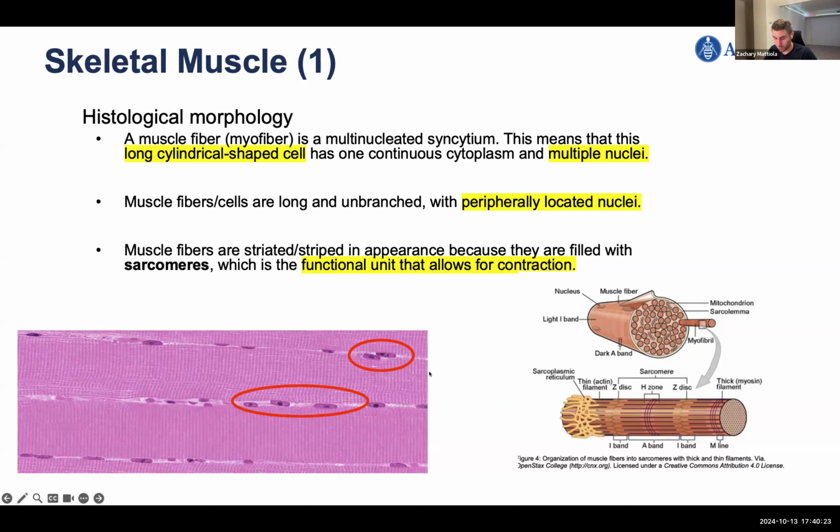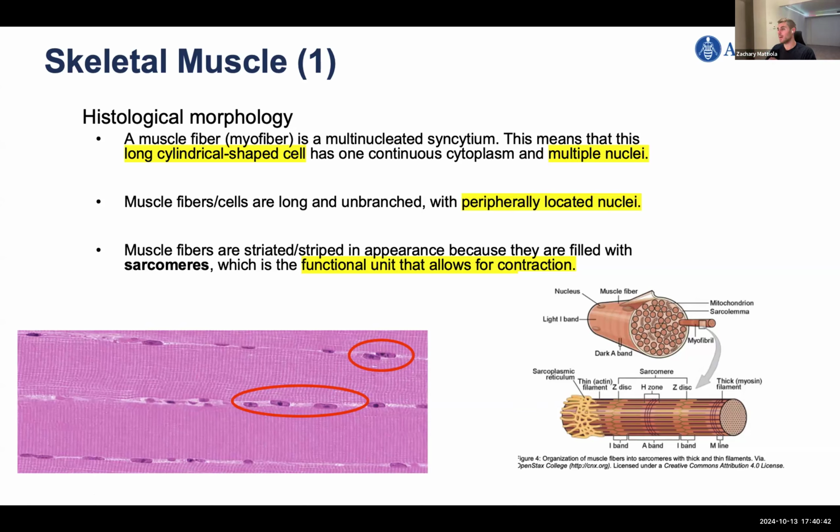And they are basically just, like I said, one long tube. And they are filled with this contractile protein called myofibrils. Okay, they're just chock full of these myofibrils because the function of these cells is to contract.